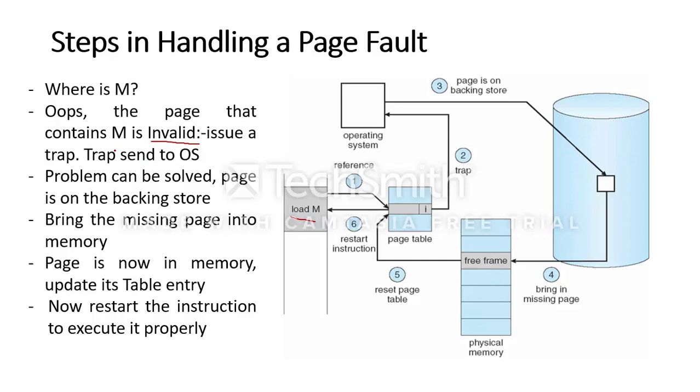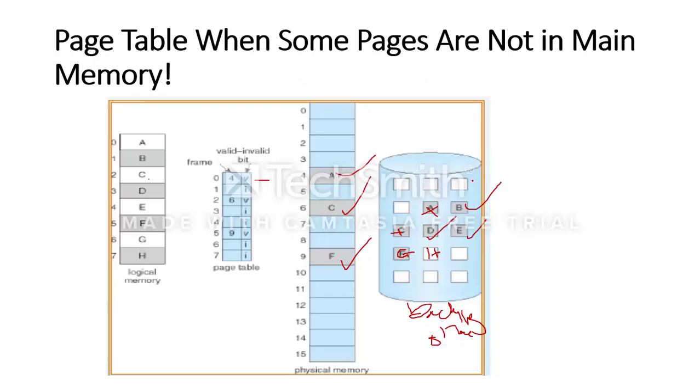Therefore, the operating system has to send an interrupt, that is a trap, right? It has to send an interrupt signal for attention. Now we need to find ways of correcting that. You cannot find it. You have sent your trap to your operating system. Now the operating system is looking for that page in the backing store in this area, right?